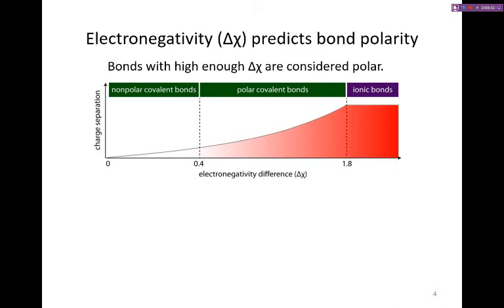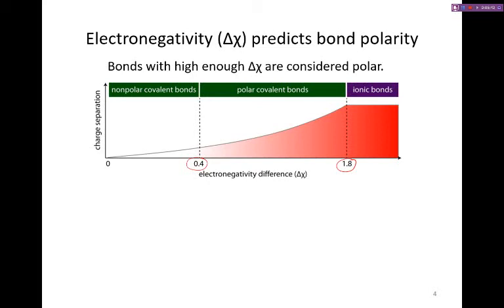And bonds with a high enough difference in electronegativity are considered to be polar. You don't need to know these cutoff values, but you should be able to rank molecules based on their differences in electronegativity using the trends that we just discussed. So the larger the difference in electronegativity, the more polar the bond, and the larger the partial charge carried by each atom.